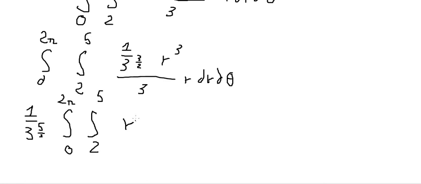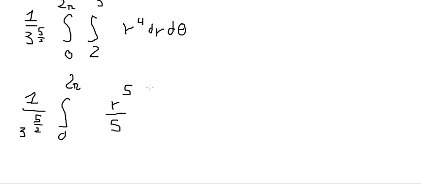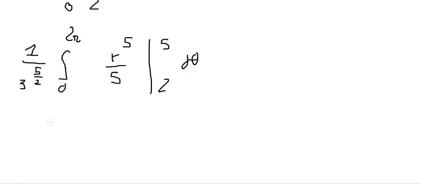This one we have r to the power of 4 dr d theta. The integration of r to the power of 4 is r to the power of 5 over 5, and we have the bounds from 2 to 5.